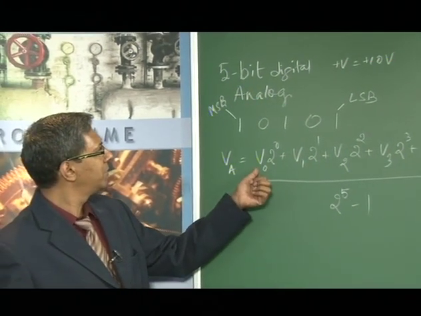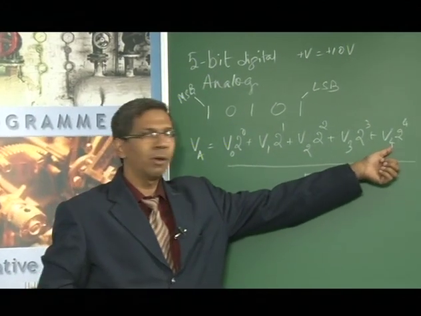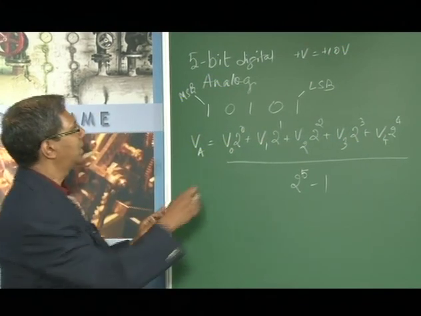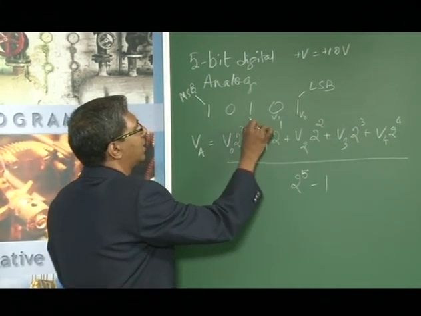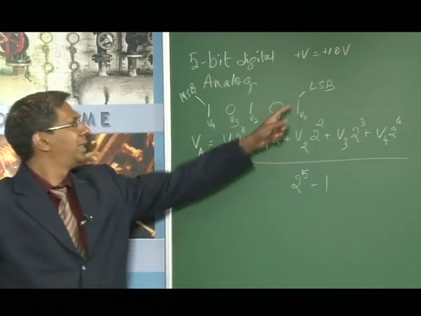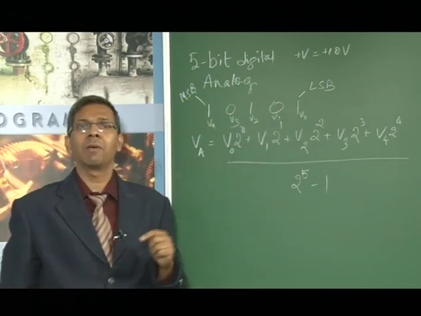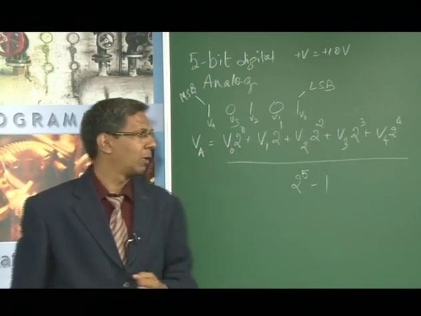Now all you have to do is figure out which of these is logic 0 and which is logic 1. In our expression, these are V0, V1, V2, V3 and V4. But these are digital 0 and 1, so we have to replace them by their analog value of 10 volts if it is logic high and 0 volts if it is logic 0.